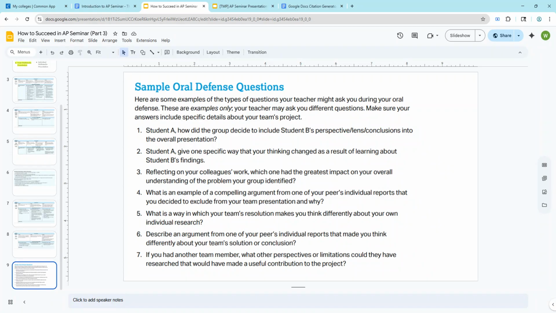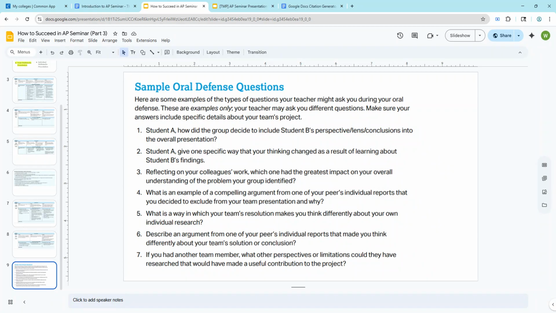So, when you're looking at the sample oral defense questions, you should automatically realize not only should you master your topic or whatever you researched, but you should be 100% familiar with each other's. You should be familiar with all of your team members' research as well, so that if you're asked about student A or B, you are able to answer about student A or B and not C, right?